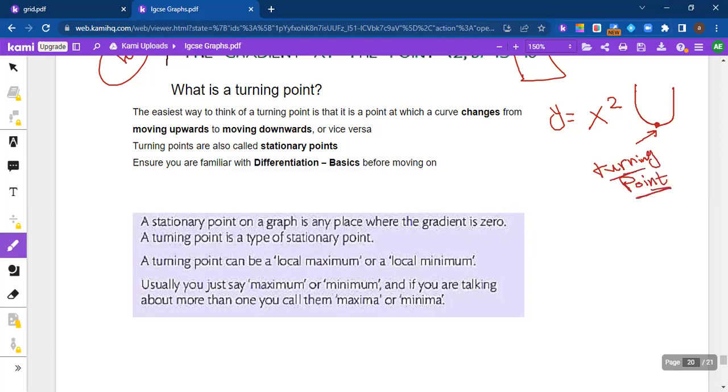So for x squared, how many turning points do I have? Only 1 point. How can I know the turning point? Because if you see in the curve, it's going down like this.